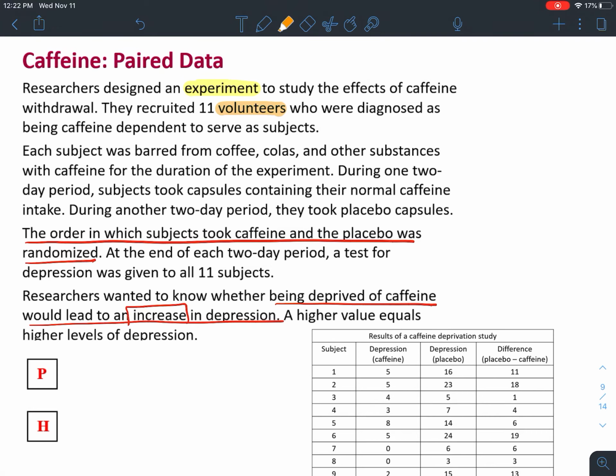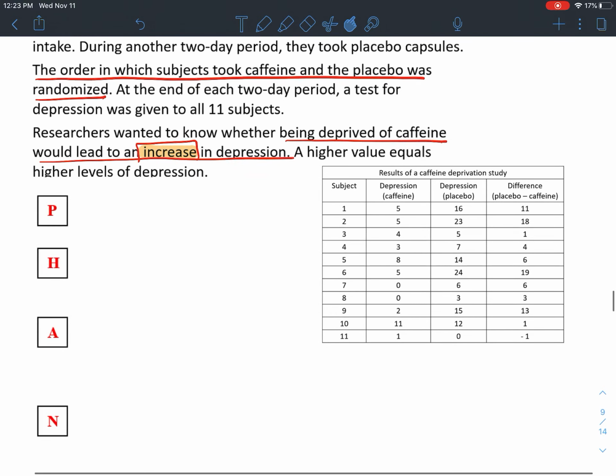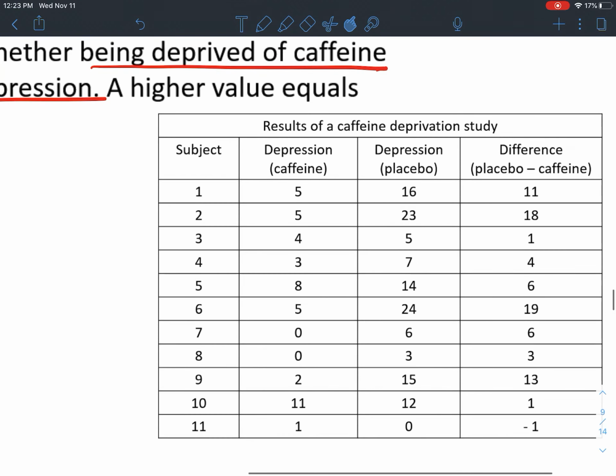That'll be important when we're trying to draft our alternative hypothesis. It says a higher value equals a higher level of depression. So let's look first of all at the parameter, and you can see the data that we have here in this table. The first column, I'm going to call that C. These mark what the levels of depression were for the people who were given the caffeine pills.